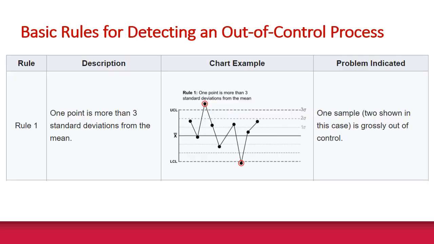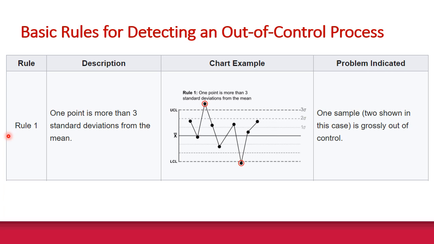So we've got a chart plotted. What do we do with it? There are a lot of different theories on exactly what to do, and this process has evolved over time. Back in the 1920s, when Shewhart came up with this, he had one primary rule, what's now known as Rule 1.